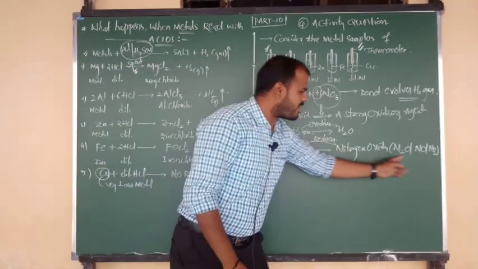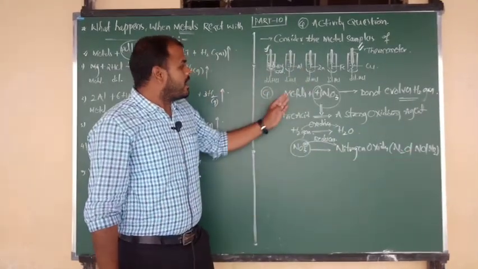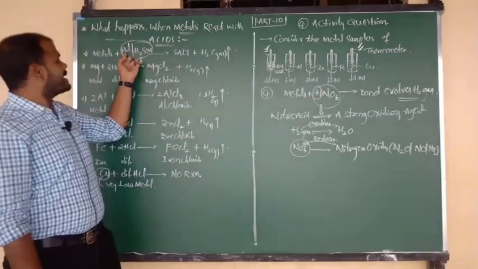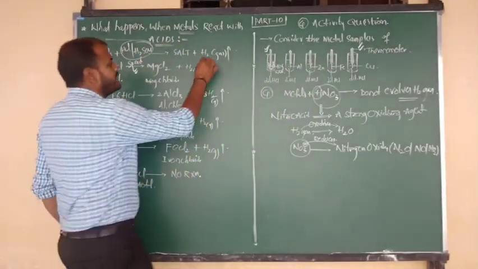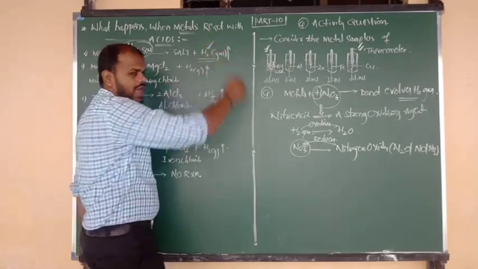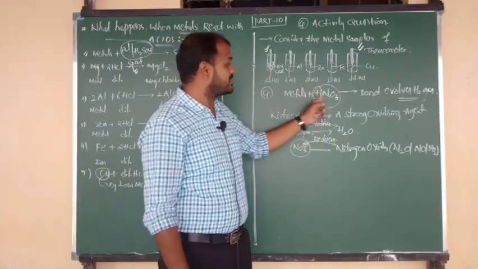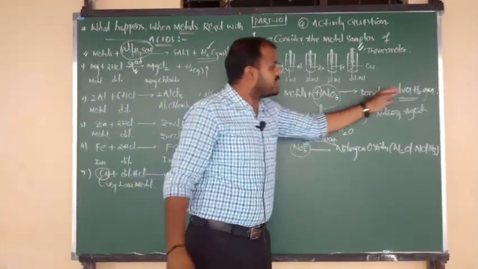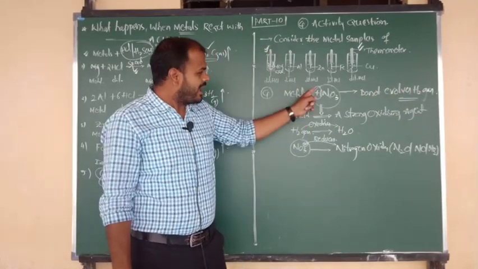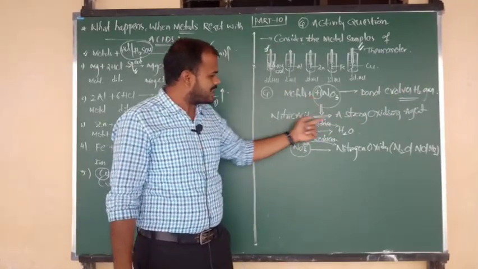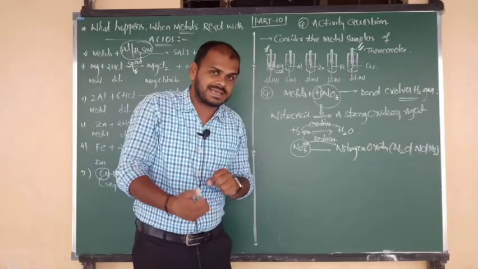to nitrogen oxides. Once again, metals on reaction with hydrochloric acid or sulfuric acid definitely evolve H2 gas. But metals on reaction with nitric acid do not evolve H2 gas. The reason is HNO3, nitric acid, is a very strong oxidizing agent.